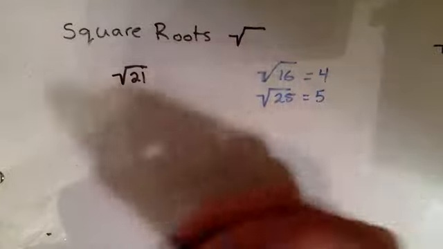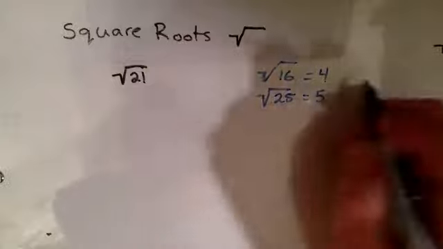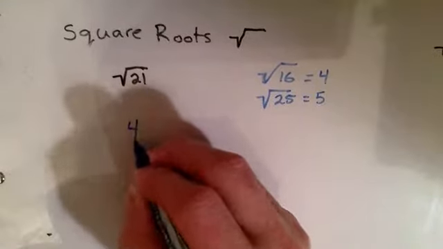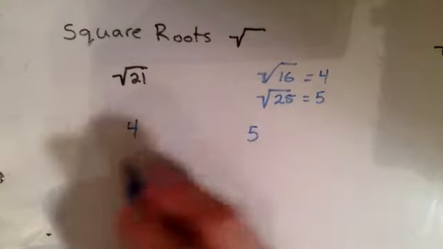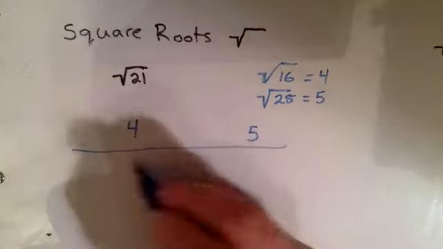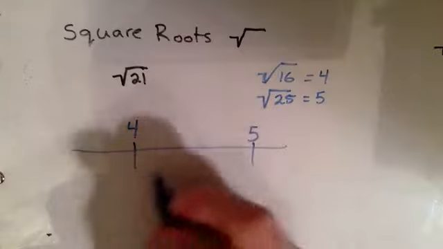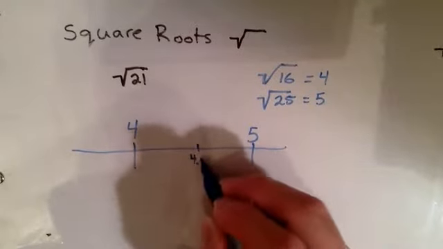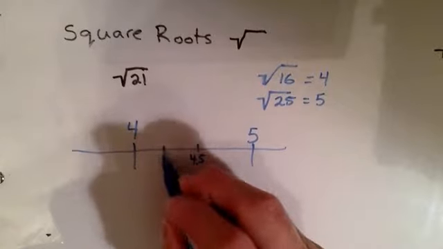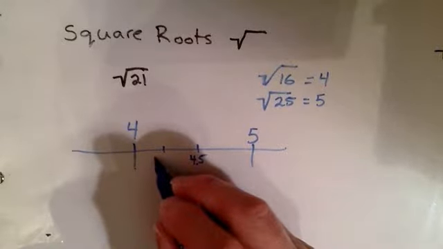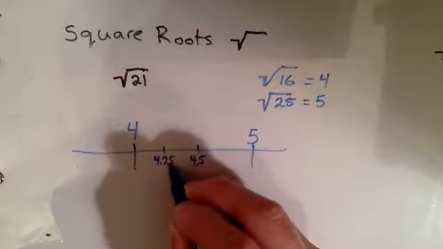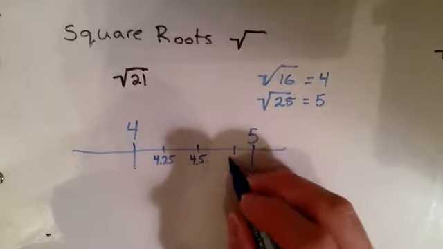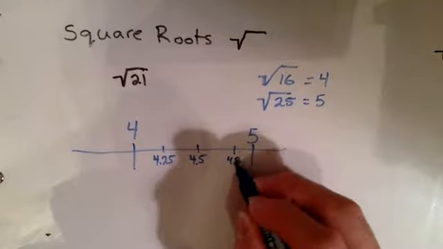But from there, you can just start experimenting with different decimals between 4 and 5, because if you had 4 and 5 on a number line, it has many numbers in between. Right in the middle, you would have 4.5. Here you have 4.25, and so forth. Up here, you might have maybe 4.8, something like that.